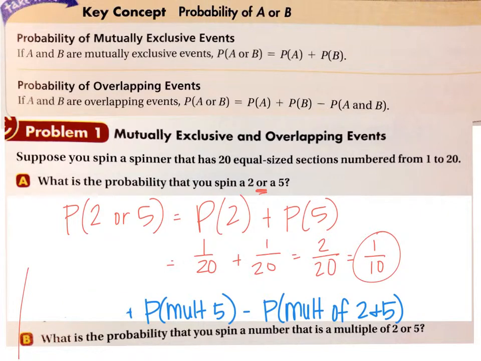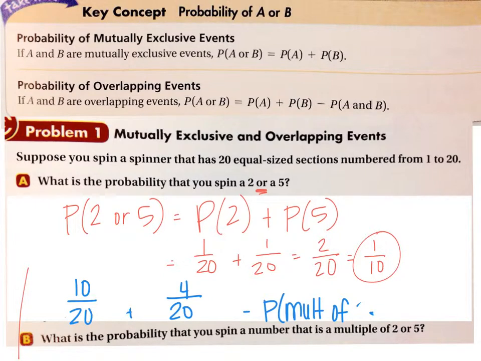The probability that it's a multiple of 5 is 5, 10, 15, and 20, which is 4 out of 20 total numbers. And the probability that it could be both is 2, because 10 and 20 are both multiples of 5 and 2. So we subtract 2 out of 20, and we get 12 out of 20, which is 3 out of 5.